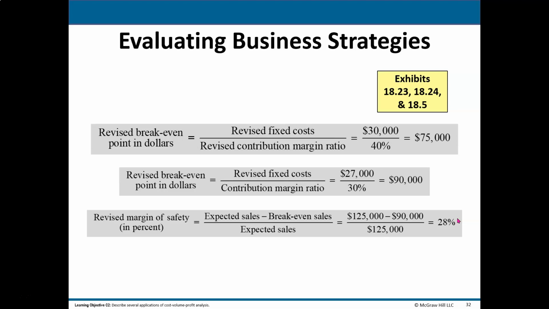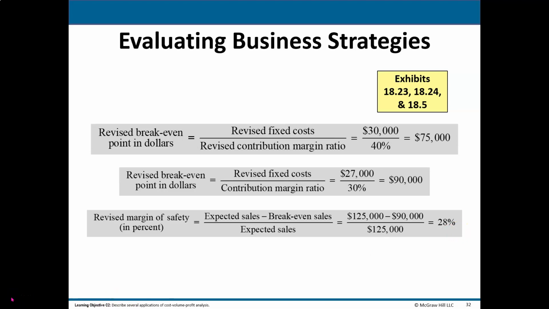That $3,000 spending increased my fixed costs, and that affected my break-even point in sales. What happened was my expected sales increased by such a proportion that my margin of safety actually increased. I have a bigger cushion now just by undertaking that additional advertising campaign.